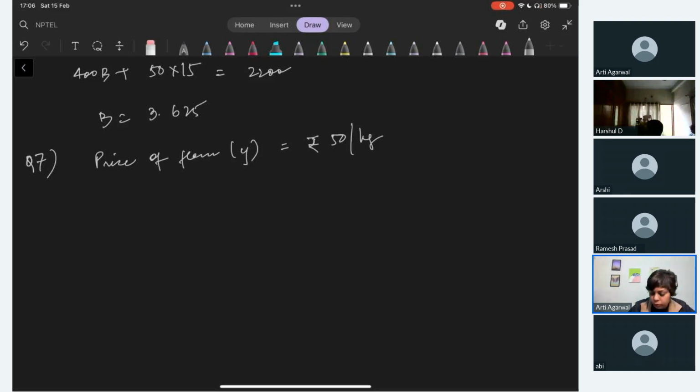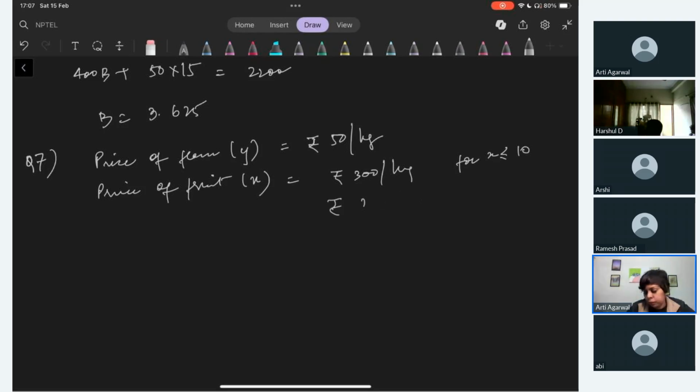Price of fruit, which we're taking as X, is equal to 300 per kg for X less than or equal to 10 and 200 per kg for X greater than 10. Okay, this is how we will write it mathematically.